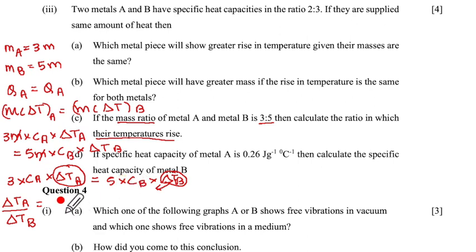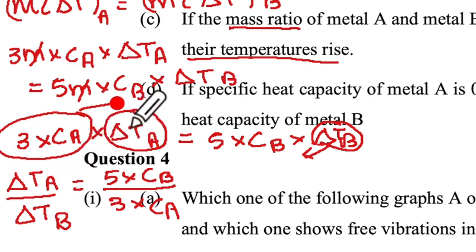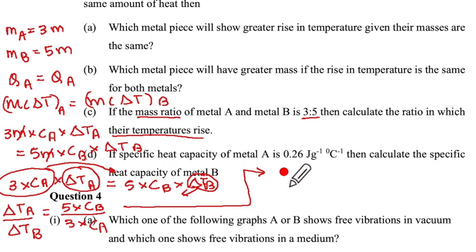Now in the numerator we will have 5 into Cb upon 3 into Ca. These two quantities have gone that side, so they will divide. So that will give us delta Ta upon delta Tb equal to 5 upon 3, and here it is Cb upon Ca.